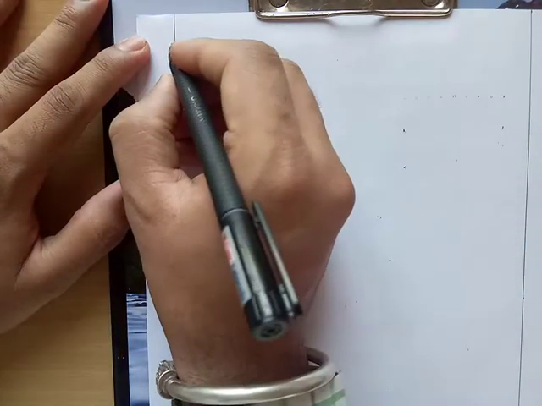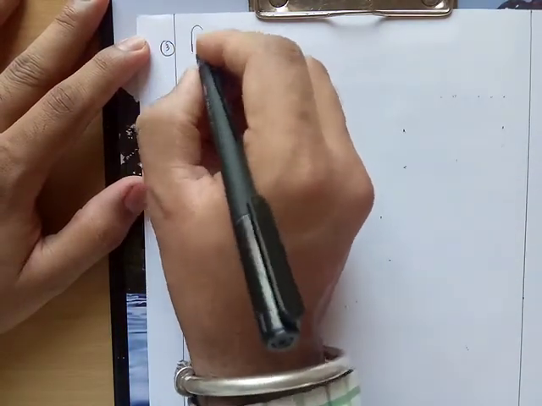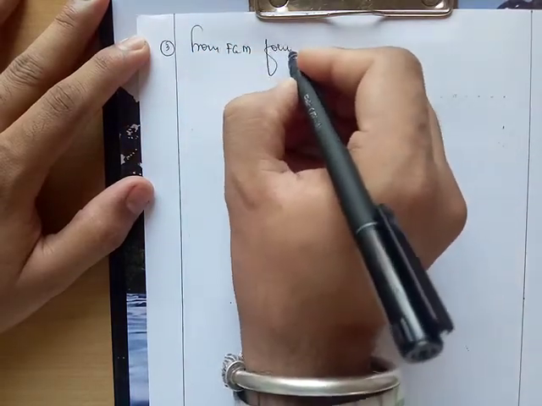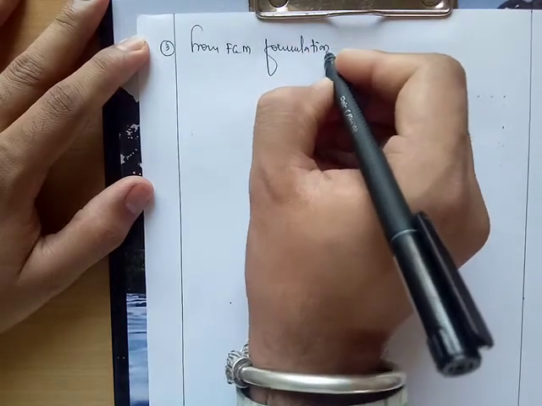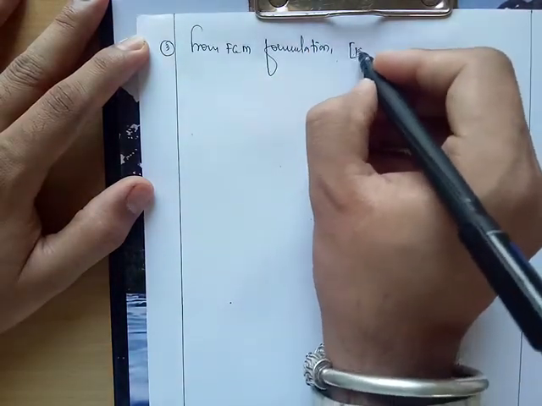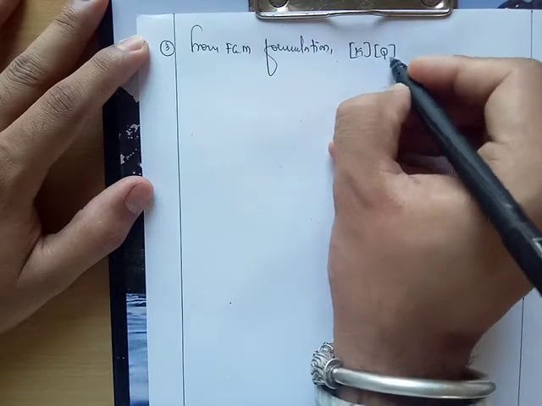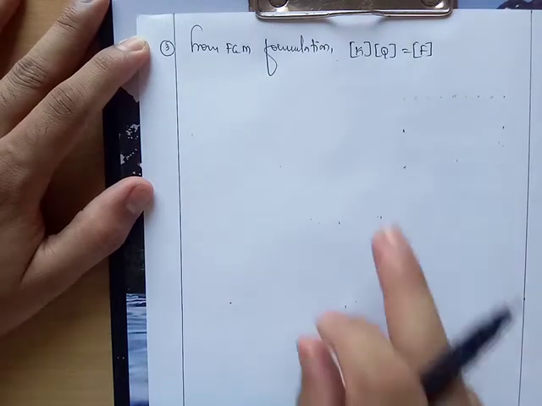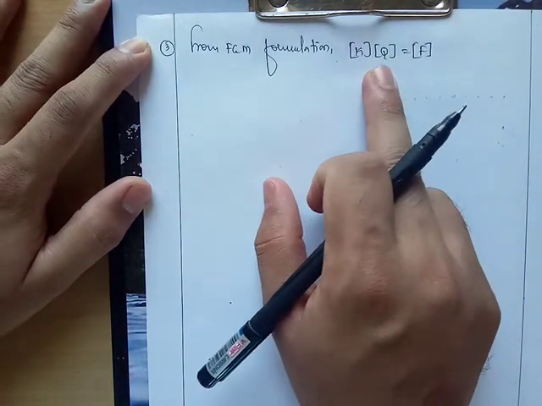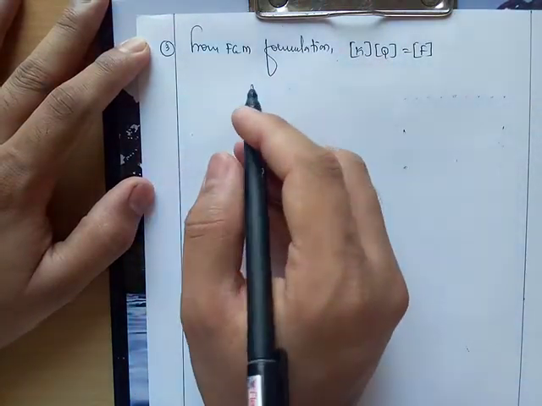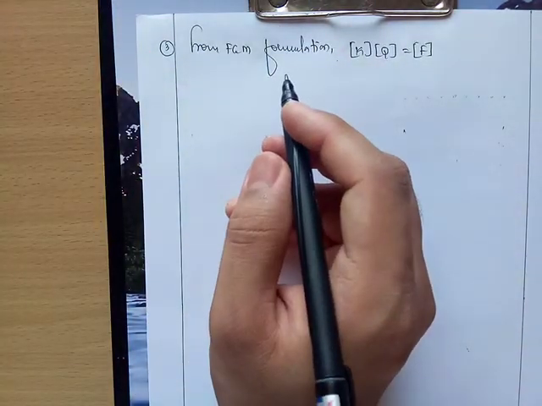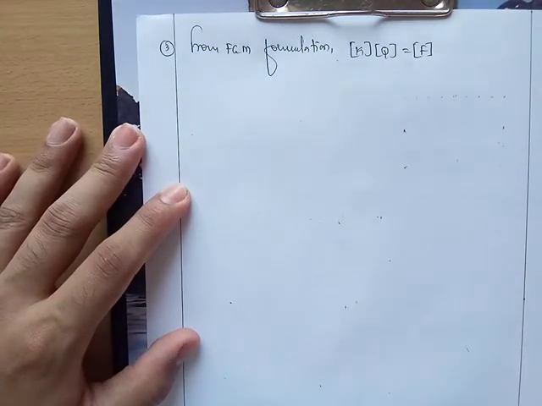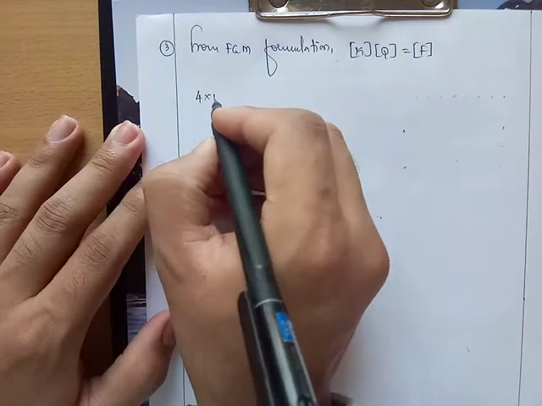So step number 3, from FEM formulation, we know that K into Q is equal to F. So K is known, F is known, Q is to be found out. If I write it here, the value of K is 400 into 10 raised to 3, so I can write it as 4 into 10 raised to 5.